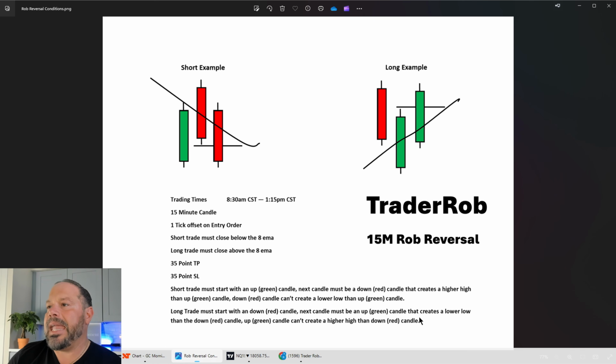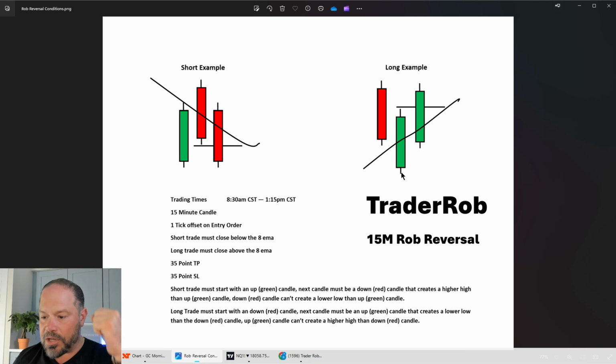Okay, and that green candle needs to create a lower low than this previous down candle. Okay, you can see that this is your low here for the previous candle. This up needs to make a lower low.